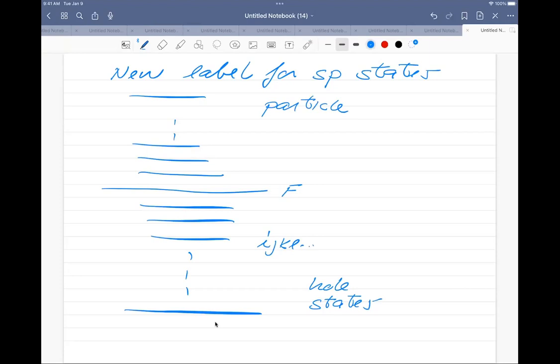But this is the notation, so these are particle states. And I'm going to use letters A, B, C, D, etc. And then I'm going to have a common denominator for all these states. And then I'm going to use letters P, Q, R, S, etc. So this is the labeling which I'm going to use now.